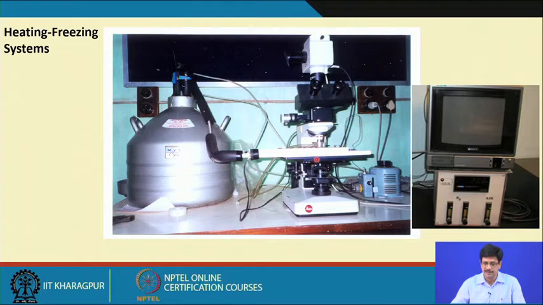There are also certain metallic standards with known melting points which can be used to calibrate this equipment, and periodic calibration is essential to record fluid inclusion thermometric observations. This is essentially known as the gas flow heating freezing system, popularly known as the Reynolds stage, named after the person who fabricated this equipment.